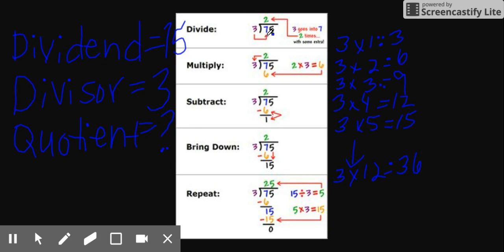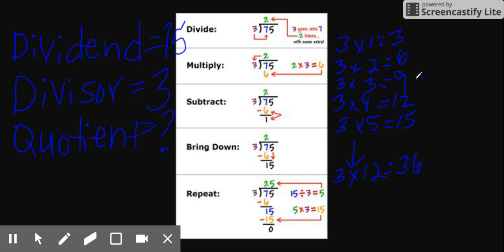So how many groups of 3 can I make out of 7? So if I look over here to my multiplication facts of 3's, I would write 3 times 1 all the way to 3 times 12 if I didn't know my facts, but I should know them by now in my head. And I'm going to look at my multiplication facts and see which one comes closest to 7 without going over.